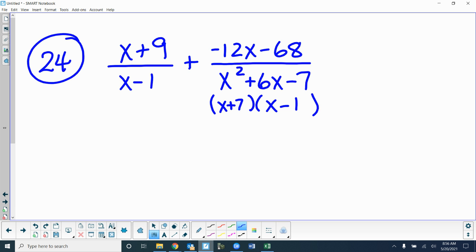So, what's the common denominator? X minus 1. What else? Common denominator? Yes. I don't think there's another one. Whatever shows up, what do we say? Write it down. The x plus 7? Yeah.